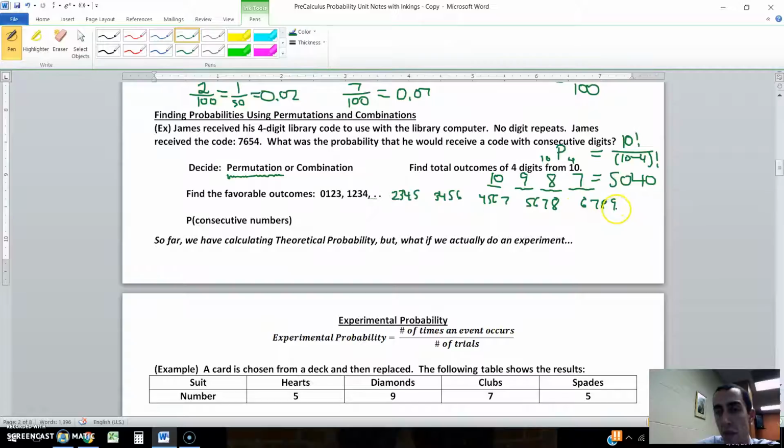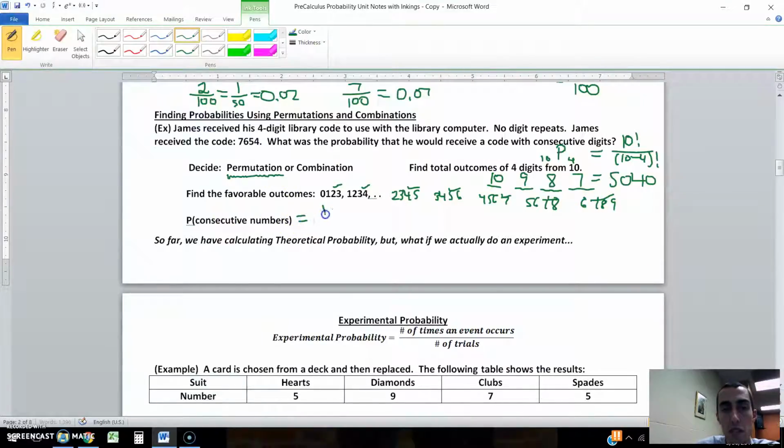Descending then, we would have 9876, 8765, 7654, 6543, 5432, and then 4321 and 3210. So we count each of the ones we've listed here twice, because you could be going up with them or down with them. So we'll have 2, 4, 6, 8, 10, 12, 14.